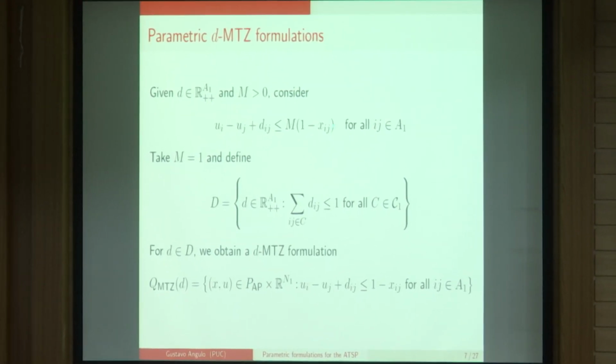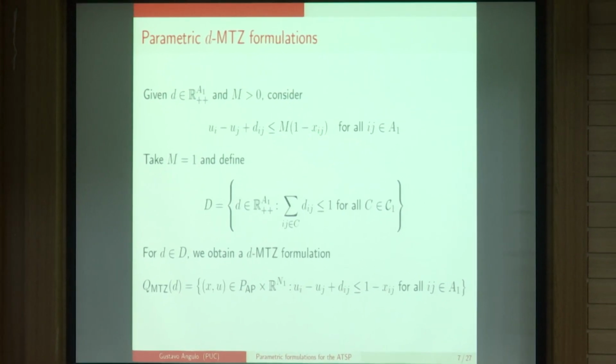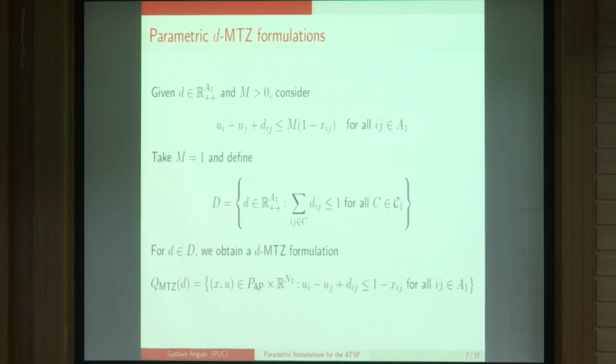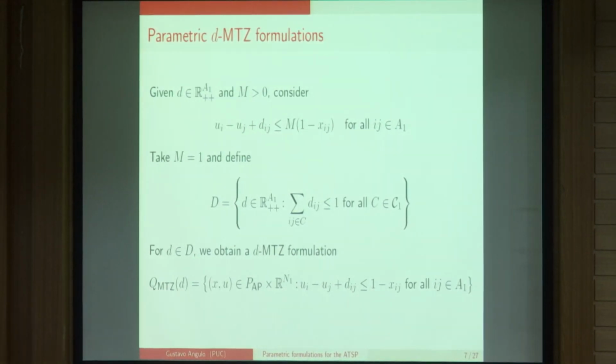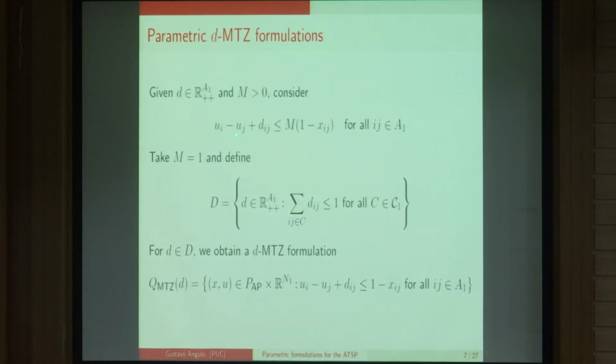So if we use the arc ij, this goes away, and then it's saying that the position or label of node J has to be strictly greater than the label of node I, right? So if you consider any cycle, then the positions or labels have to be increasing, and therefore we cannot have cycles over A1.